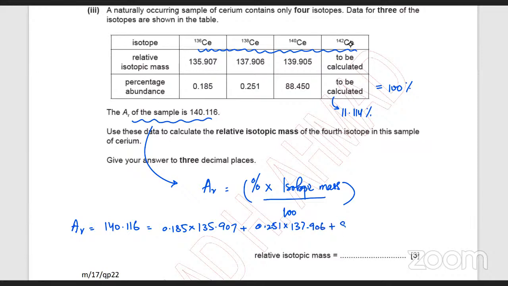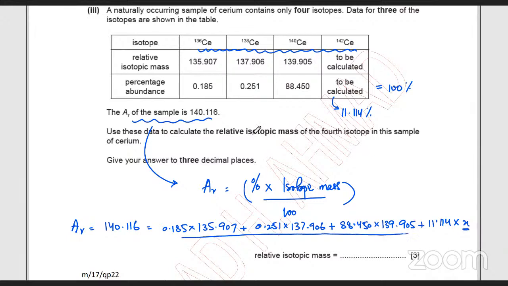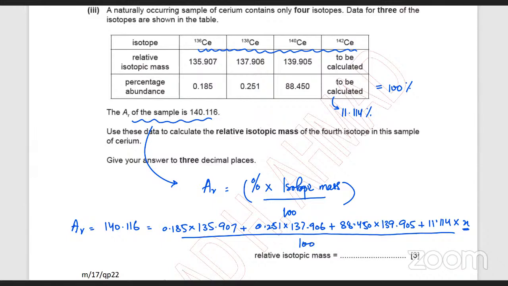The third one is 88.450% multiplied by its isotopic mass, which is 139.905. And then the fourth one, the percentage is 11.114 multiplied by X. You don't know what X is. And the whole thing gets divided by 100.